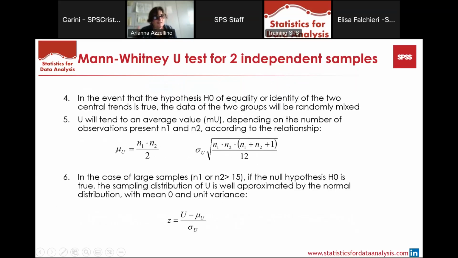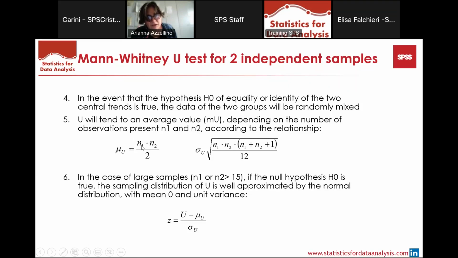At this point, as a sort of magic, there are some parametric statistics, even in the Mann-Whitney test involved. If the two groups have more or less the same central tendency, being a non-parametric approach, our central tendency should be the two medians, then the mean value of the U statistic should be something that can be calculated just considering the number of observations in the two groups.